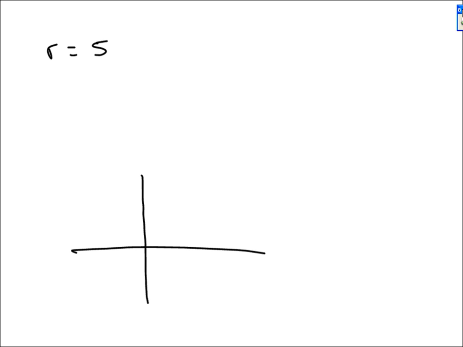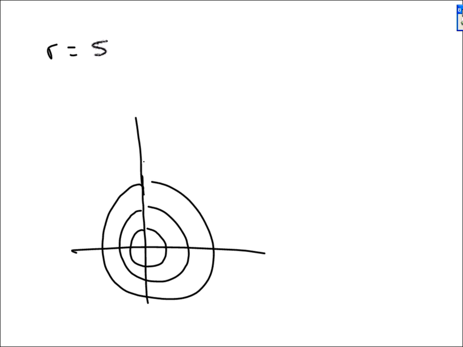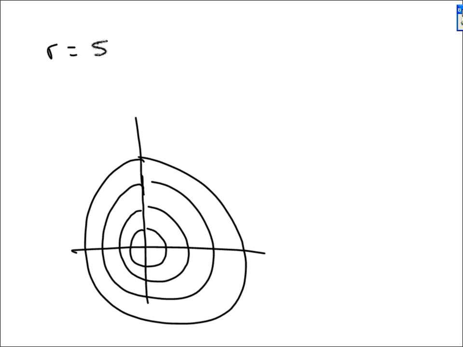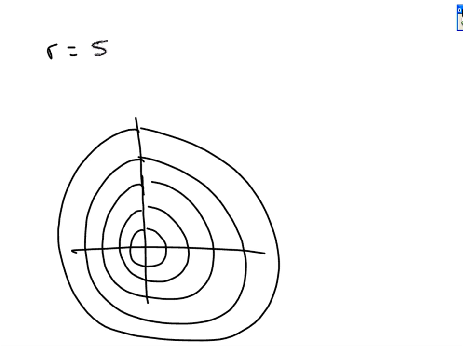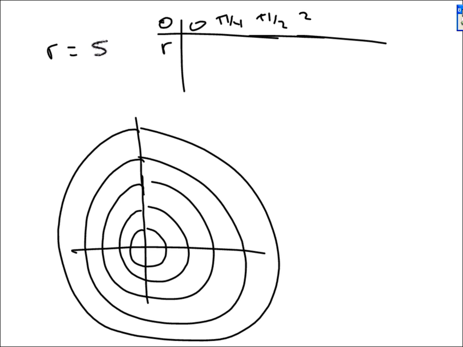Okay, on the polar paper, here is r is 1, there is r is 2, here is r is 3, 4, 5. That last circle I drew, that's your answer. And you can make up a table, theta and r. And theta can be 0, pi over 4, pi over 2, 3 pi over 4, pi, etc.